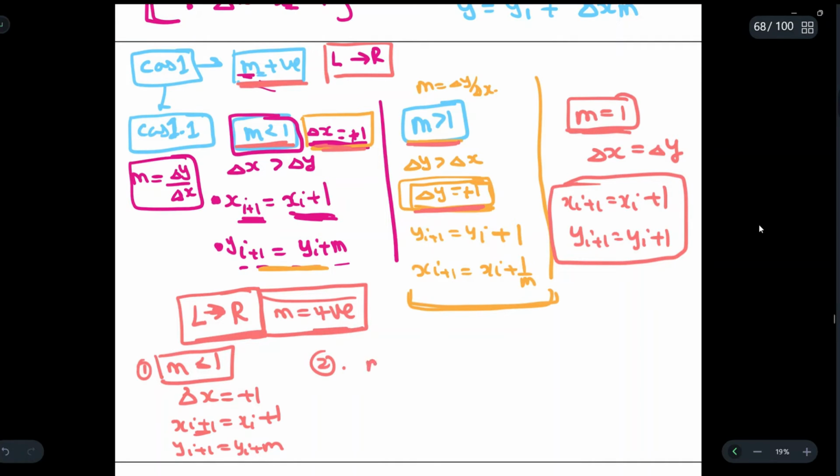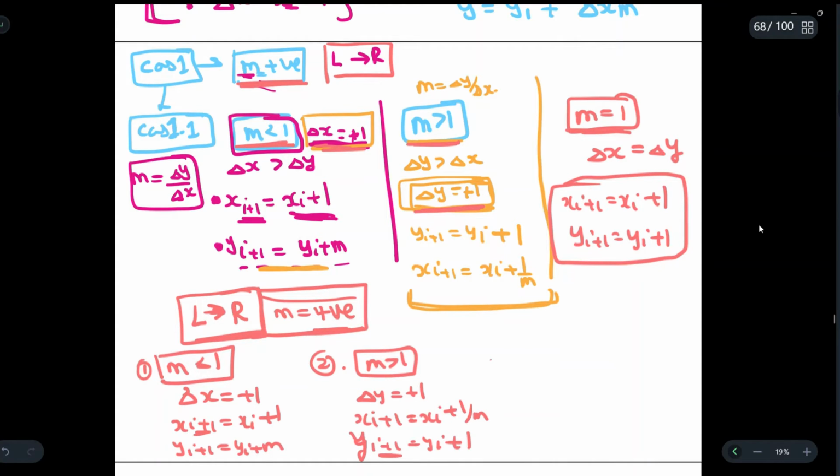Now over here m is greater than 1. We will put del y is equal to plus 1, and we will get xi plus 1 as xi plus 1 by m. Then you will get yi plus 1 as yi plus 1. Remember that this part is in the subscript.